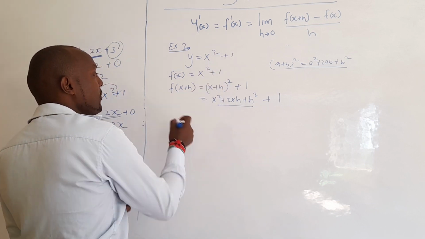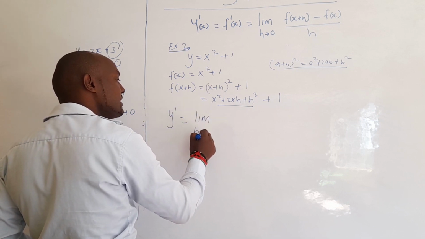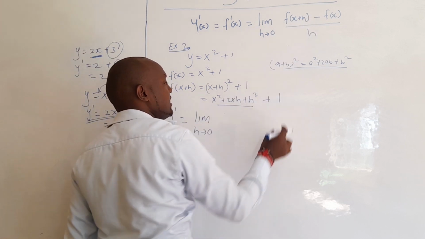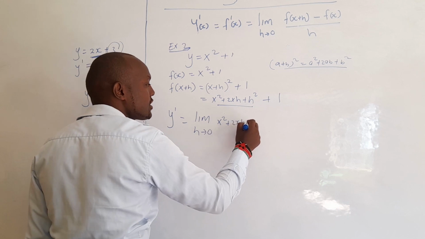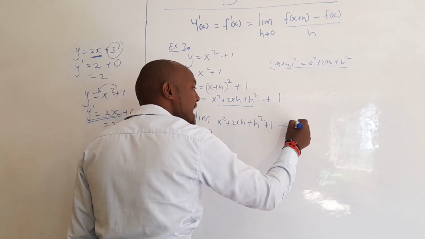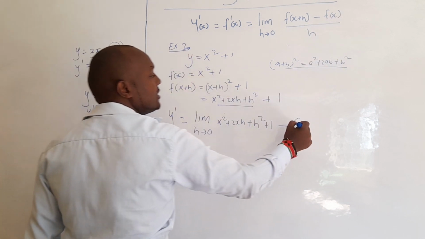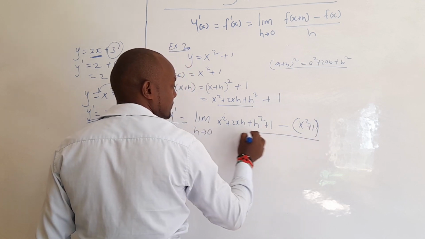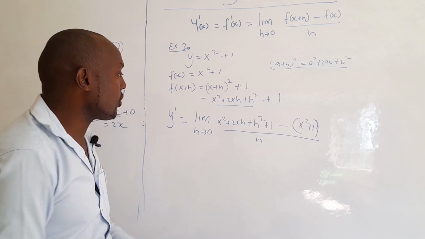Remember, our formula when we want to get the derivative will be equals to the limit as h approaches 0. So now my function x plus h, remember it is x squared plus 2xh plus h squared plus 1, minus my function of x. What was my function of x? It was x squared plus 1, all over h. Remember we said this bracket is key.